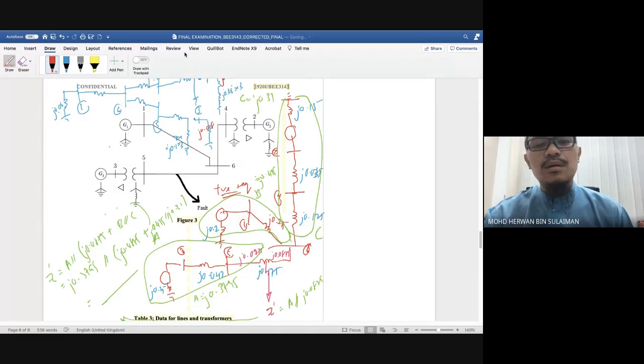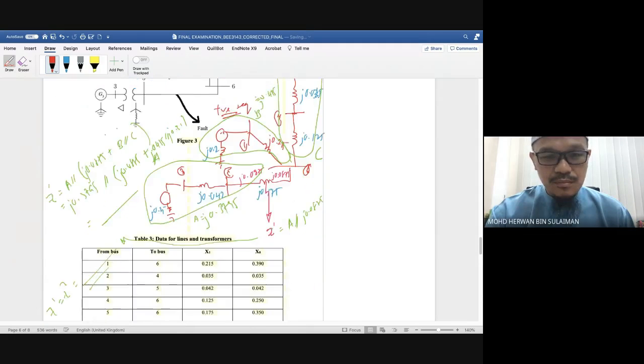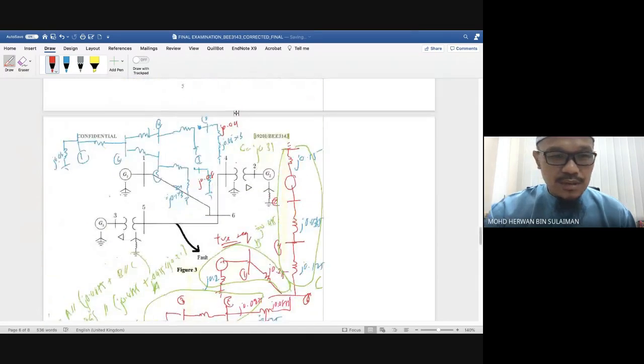Then you connect all the transmission line connections. 16 is j0.39.